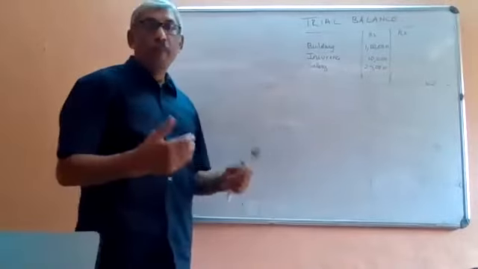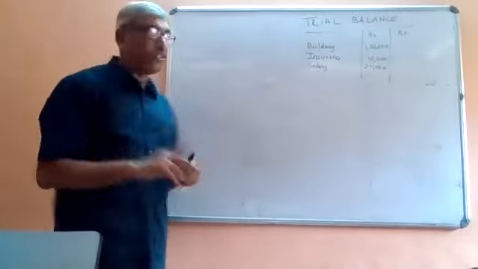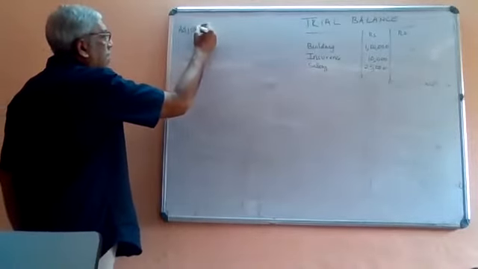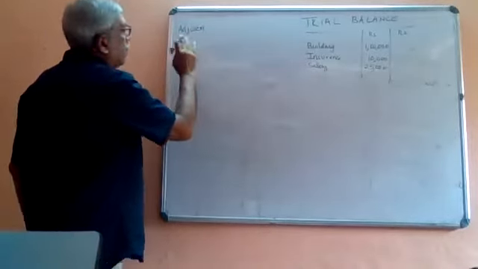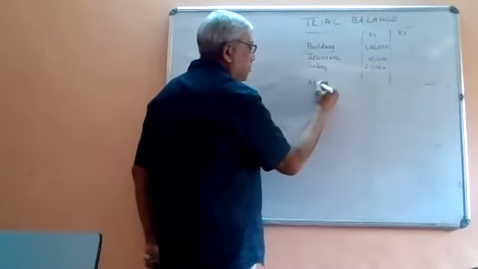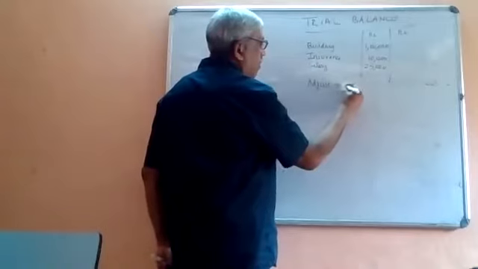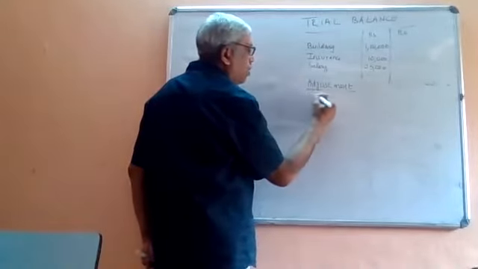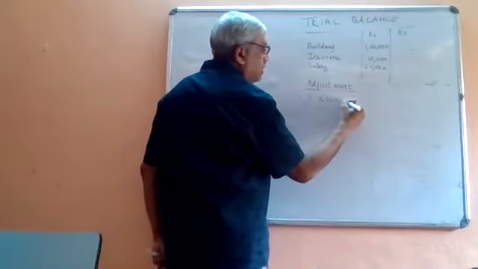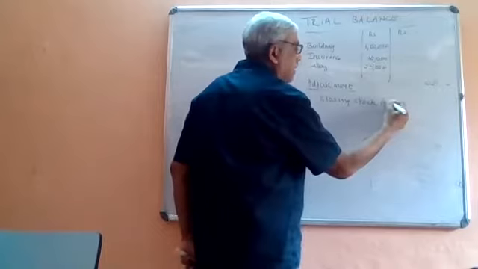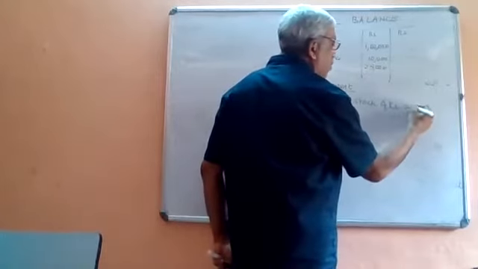Now you will be given a trial balance plus you will be given some adjustments. So what are the adjustments? I write here adjustments. The first adjustment is there is a closing stock of rupees 20,000.